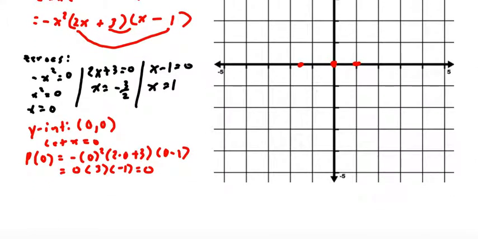All right, so our next piece here is to go ahead and figure out the degree. What was the highest power of x in this? It was a 4, which is even. And then the leading term there was negative.